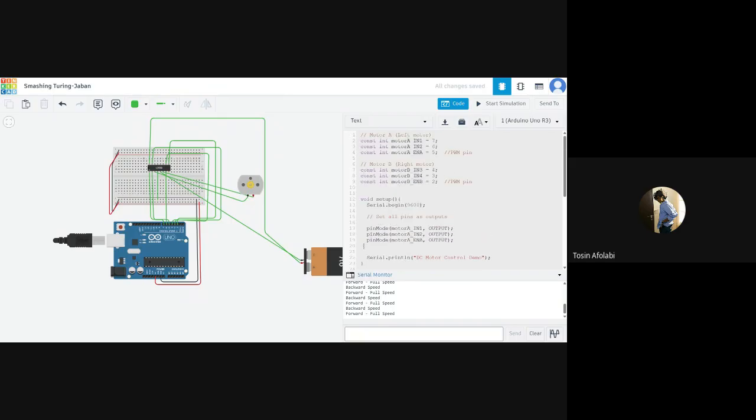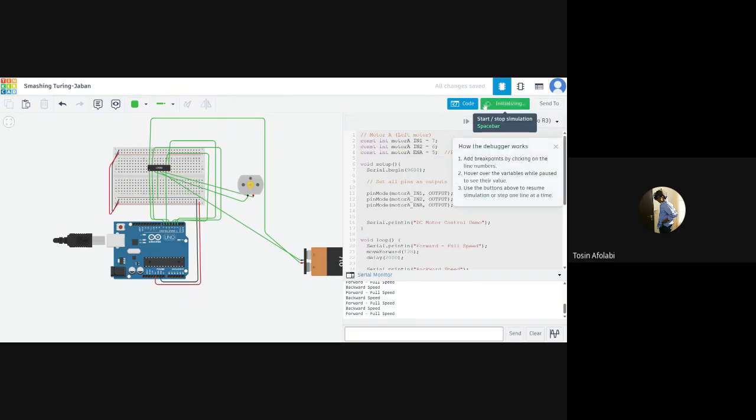Delete it. And delete it. So let's see what happens now. Do we still burn our Arduino? Oh, Jesus Christ. Apparently, we still burn our Arduino.